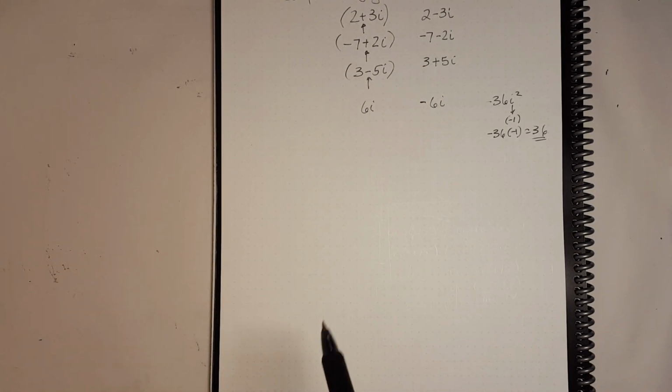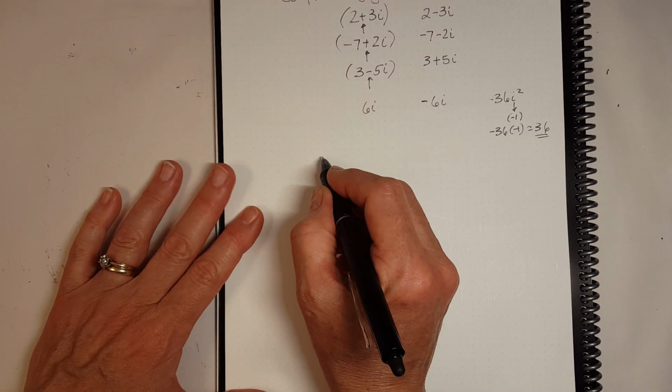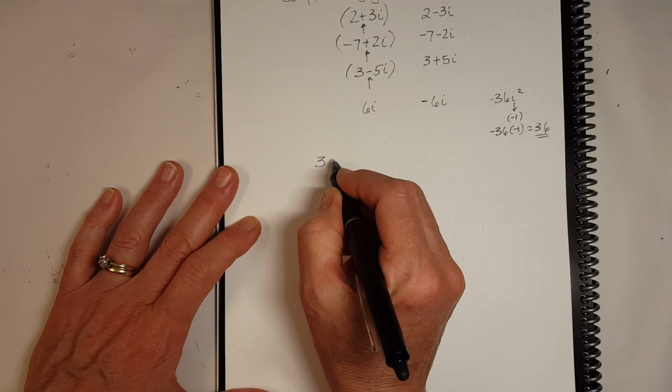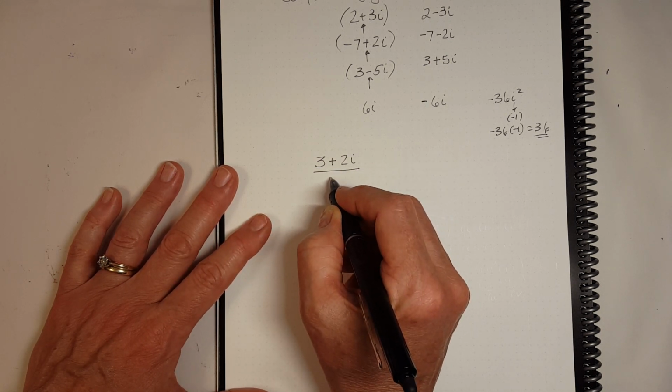And so I'm going to do a division problem with the complex number. So let's say that we had 3 plus 2i, and we wanted to divide that by 5i.